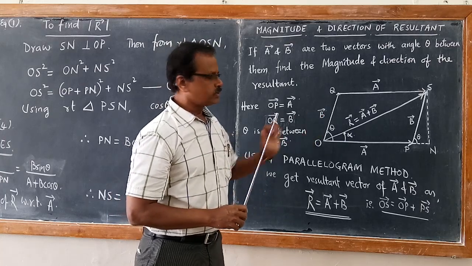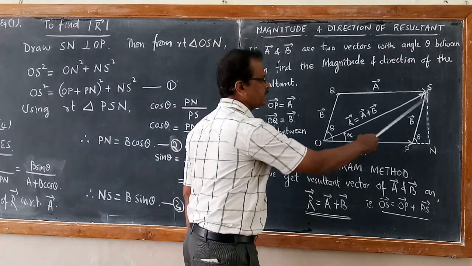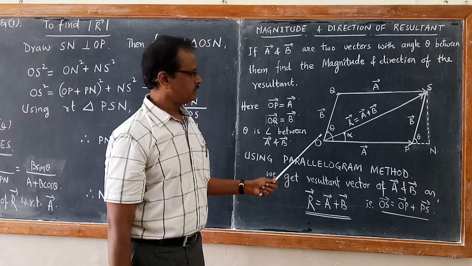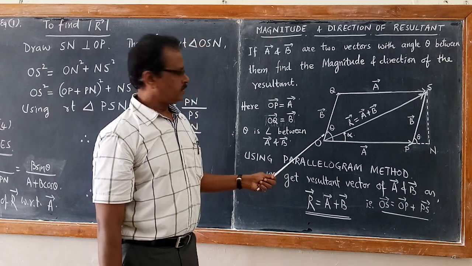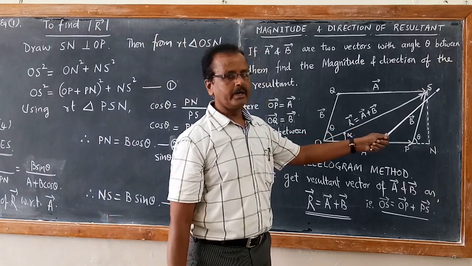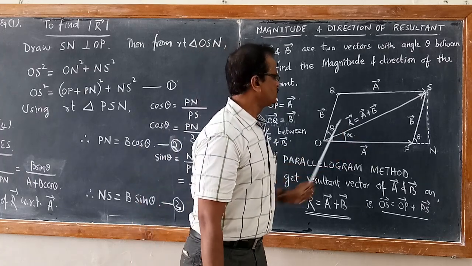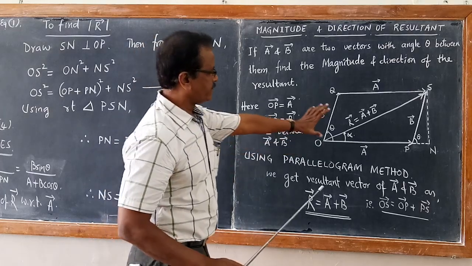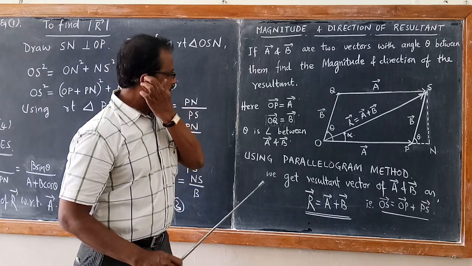Once you draw the parallelogram, we know how to find the resultant. Join from the point of origin, the co-initial point, to the point where all the heads meet. This becomes the resultant vector, as we know. Now our task is to find the magnitude of the resultant vector and its direction.